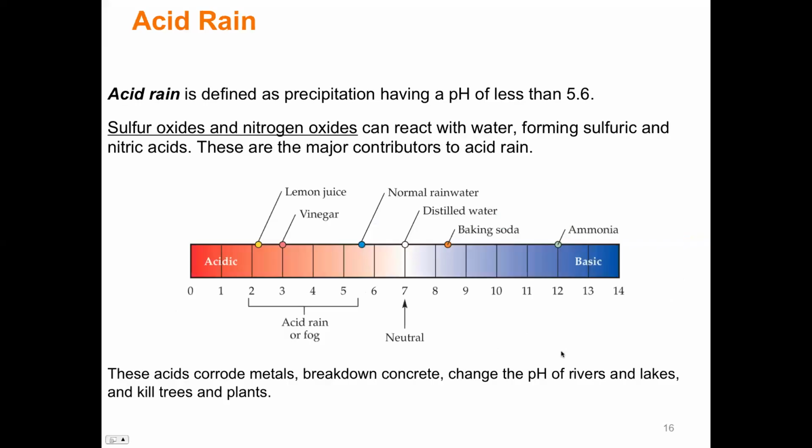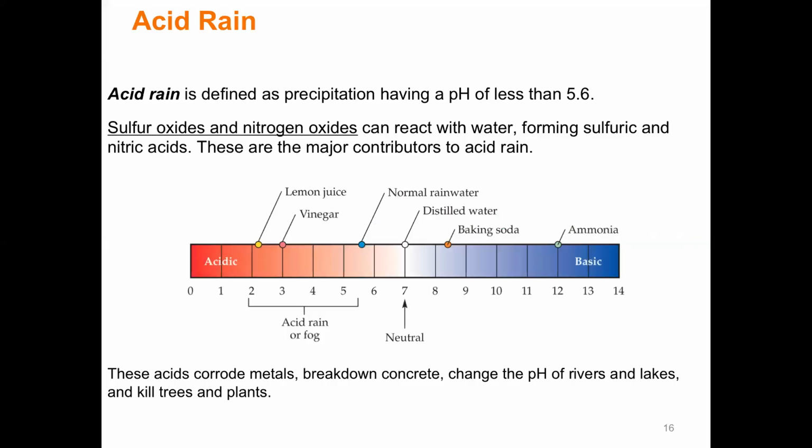Now, acid rain. What happens because of these? One of the effects is acid rain. Sulfur and nitrogen oxides acidify the air because you're getting nitric acid and sulfuric acid, and this is very destructive. It causes corrosion and breaking down of concrete. Remember, when we talked about earth, concrete is one of our main building materials along with steel, and it will be broken down by this pH.